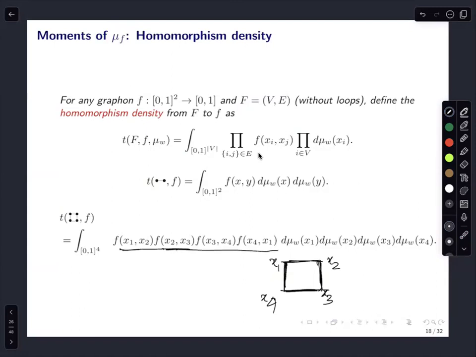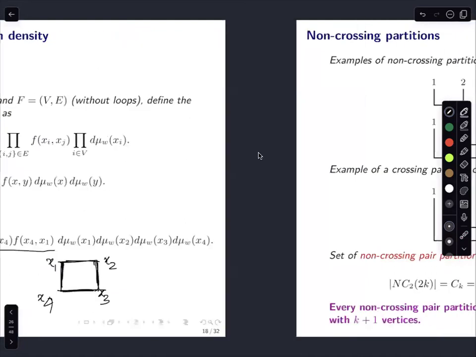Along the edges, I take the products and then integrate out this function. So if you give me any nice subgraph, I can write down these integrals.